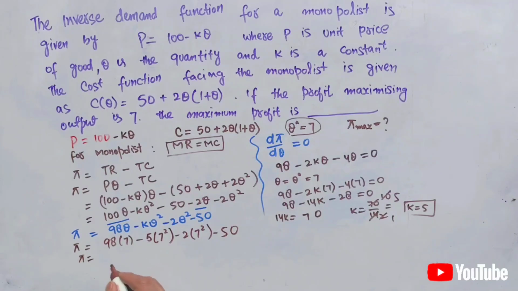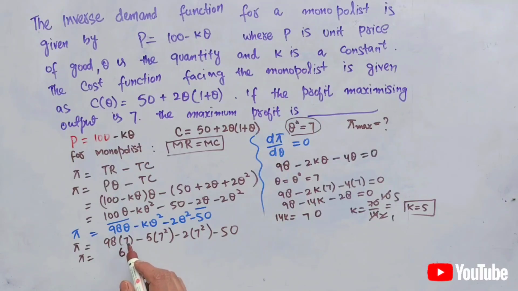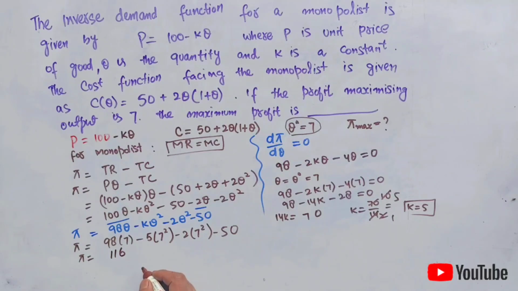That means profit will be equal to, here I can get confused, I have to solve it manually. 7 7s are 49, 7 8s are 56, 7 9s are 63, 64, 65, 66, 67, 68.